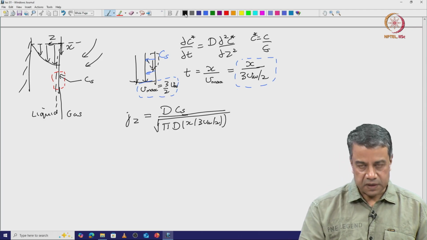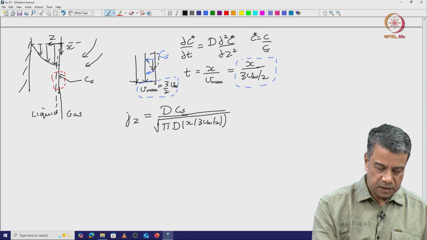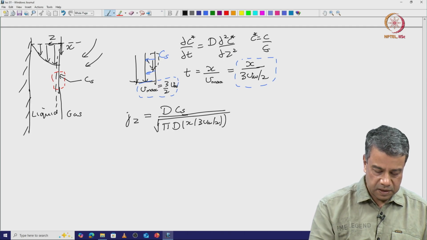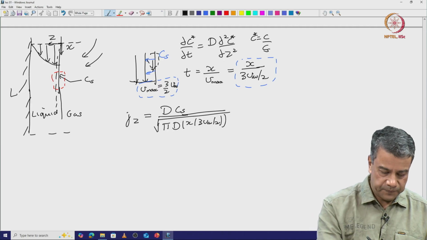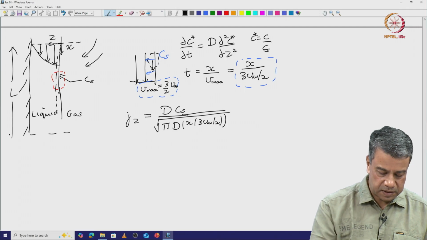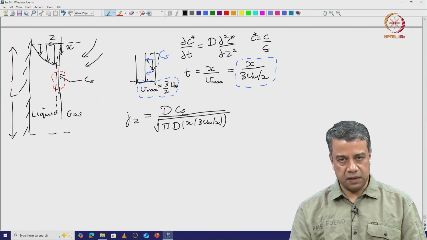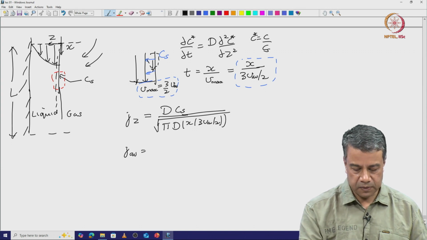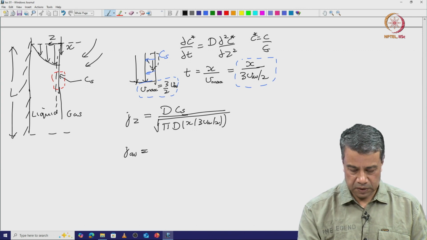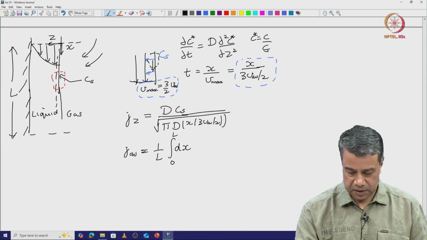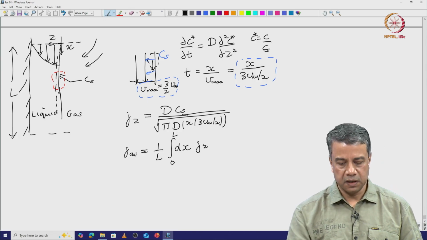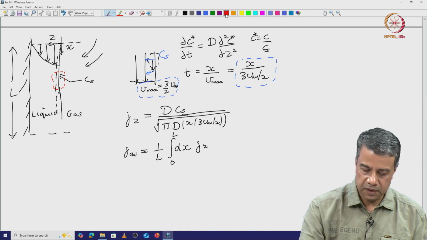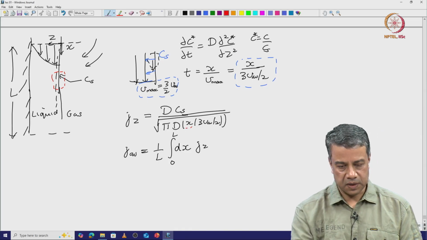You can get the average flux. Let us say that the total contacting section had a length L. Then the average flux is equal to 1 over L, integral 0 to L, dx times J z. Within this expression, the only term that depends upon x is this one.